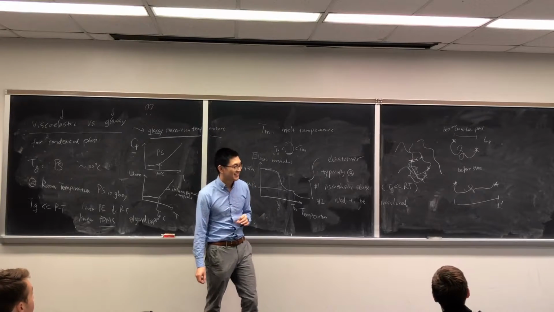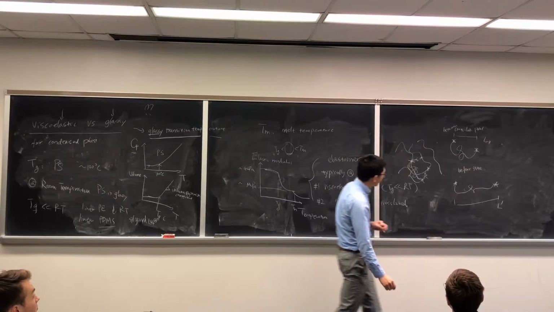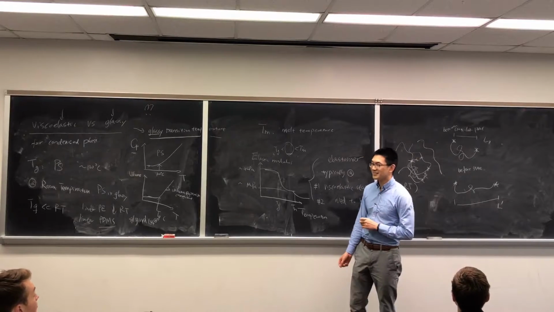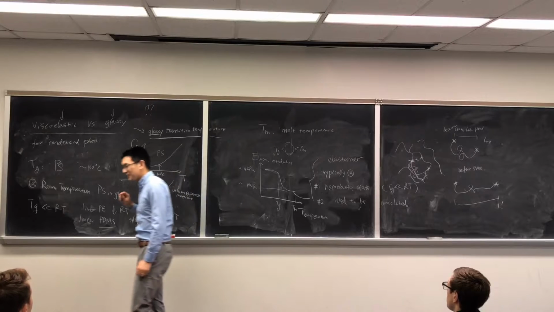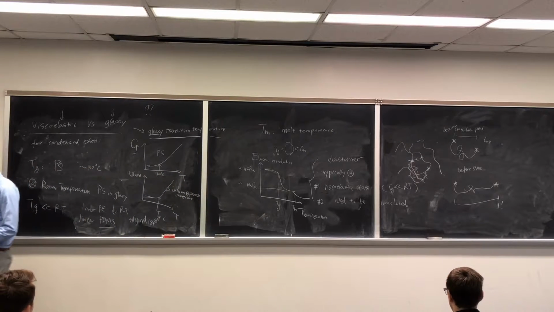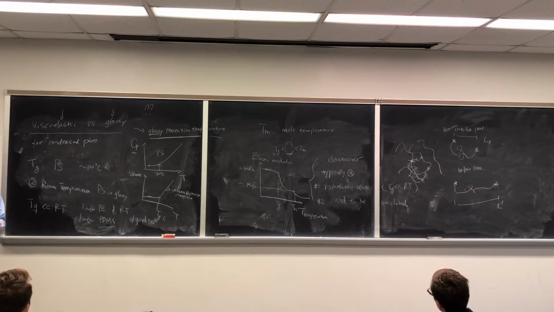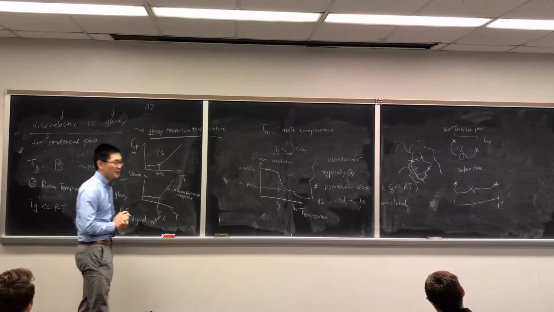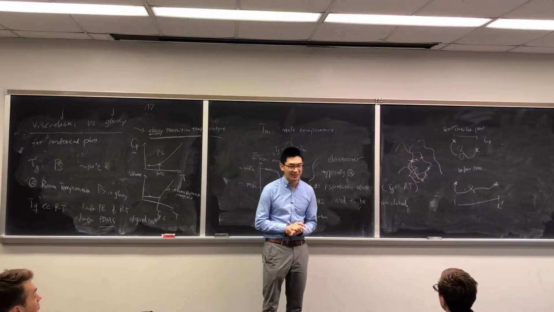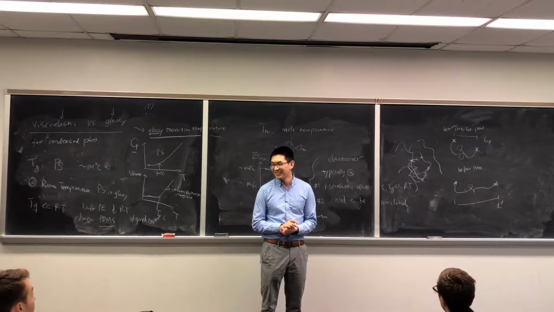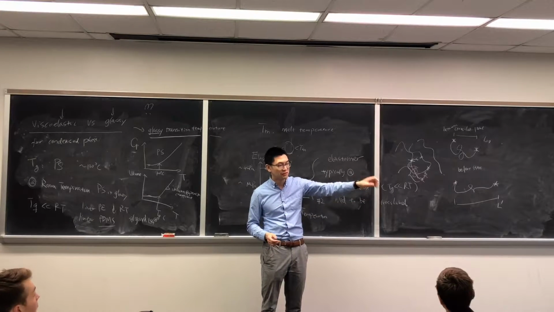Got it? And let's chat a little bit about this glassy phenomenon, which is actually universal. Everything has a glass transition temperature. Another very commonly used technique is glass blowing or glass art. Glass is an amorphous material.